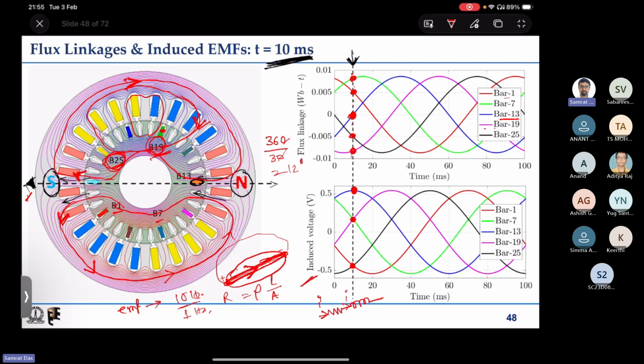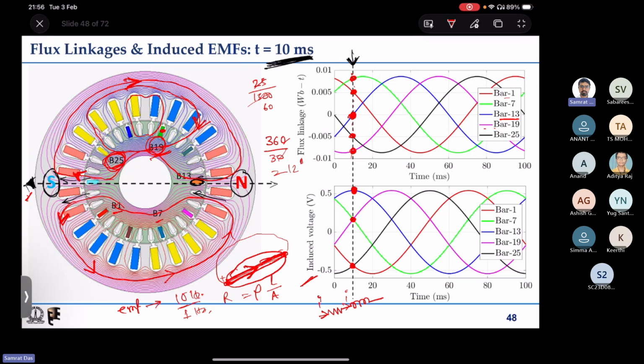So a 1500 rpm motor may run at 1470 or 1475. So what is 25 divided by 1500? This is the ratio of frequencies. It is basically 1 by 60, a very low number. So if the supply is 50 hertz, the rotor frequency is even less than 1 hertz.